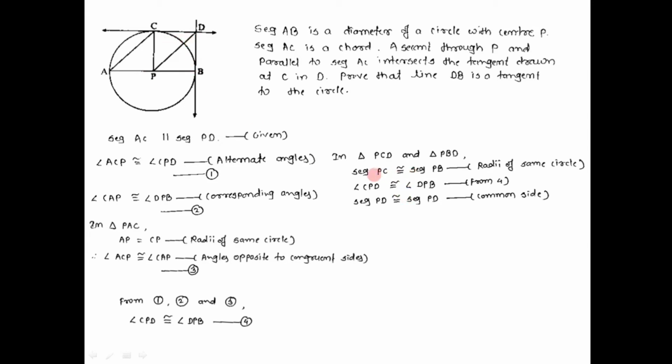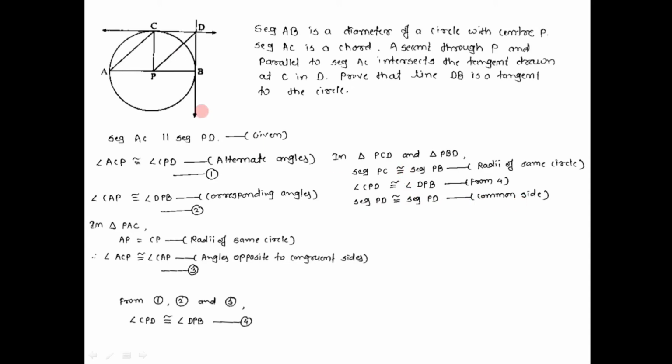For that, the first constituent is segment PC congruent to segment PB because PC and PB are the radii of the same circle. Then angle CPD is congruent to angle DPB, which we have proved in equation number 4. That's the second constituent. And segment PD is common for both of these two triangles, so segment PD is congruent to segment PD because of the common side.